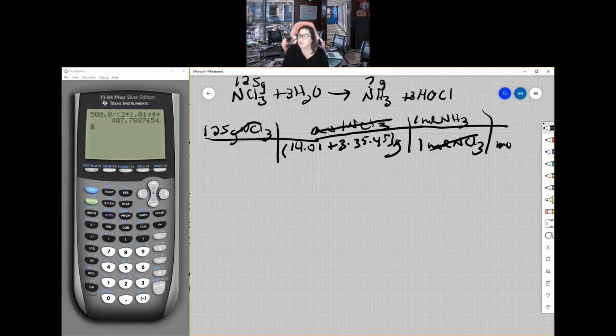Now, a mole of NH3 is 14.01 plus 3 times 1.01 grams. And that will then give me the answer in grams.